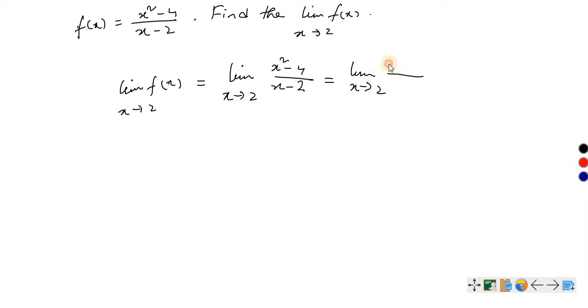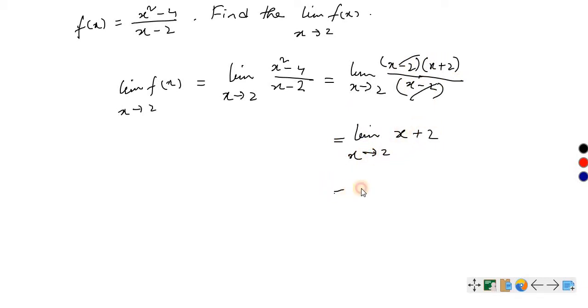So here we are going to write x minus 2 into x plus 2. This is the formula I have applied, and this is x minus 2. So this and this cancel out, and we are left with limit x tends to 2 of x plus 2, and we are getting 2 plus 2, which is equal to 4.